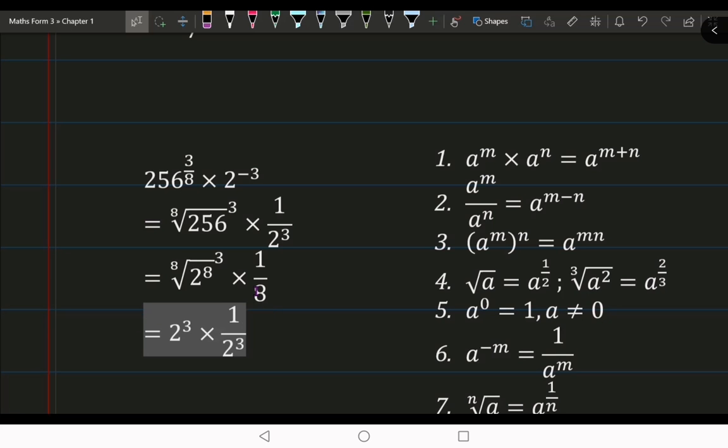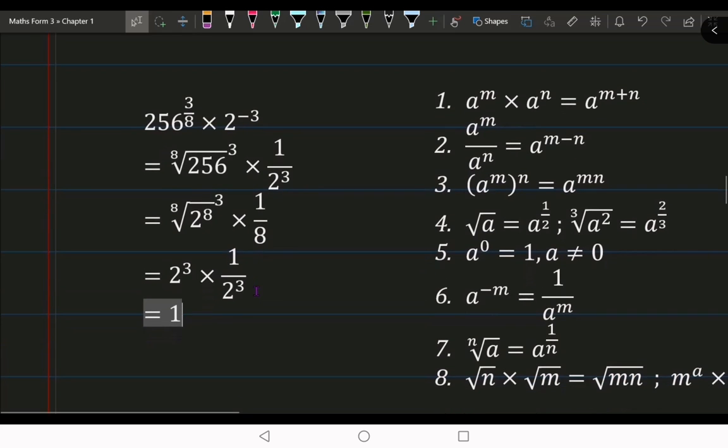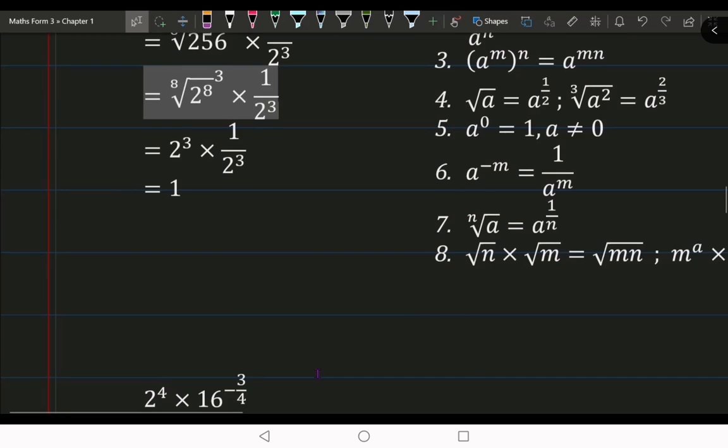That is equivalent to only 1. Simplify, the answer is 1. Actually, this one no need to change; still remain 2 to the power of 3 divided by 2 to the power of 3. 2 cubed divided by 2 cubed is equal to 1.